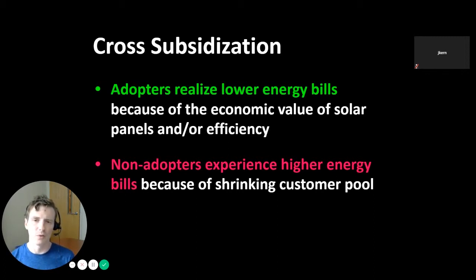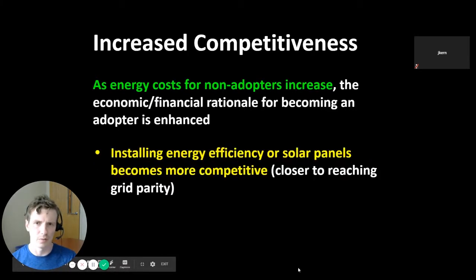Then you have two different outcomes for two different pools of customers: the adopters, the people that put solar panels on their roof, realize lower electricity bills, and the people that don't put solar panels on their roof experience higher electricity bills.